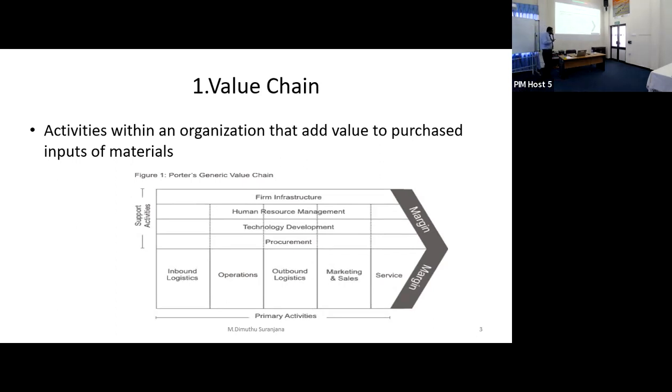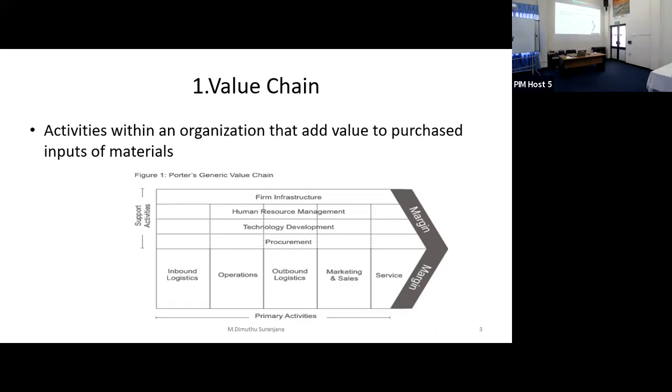If you look at Porter's value chain, Porter identified two main activities that any organization has: primary activities and support activities. What is primary?